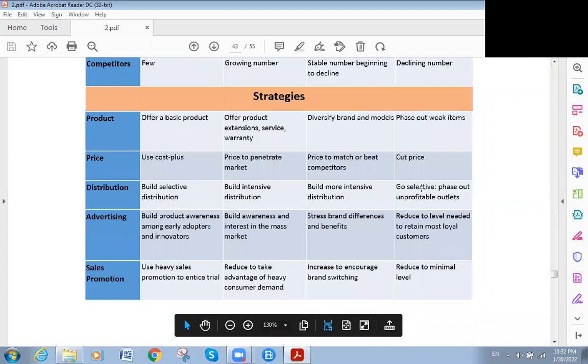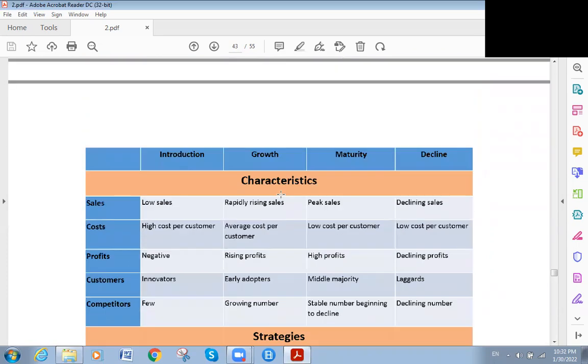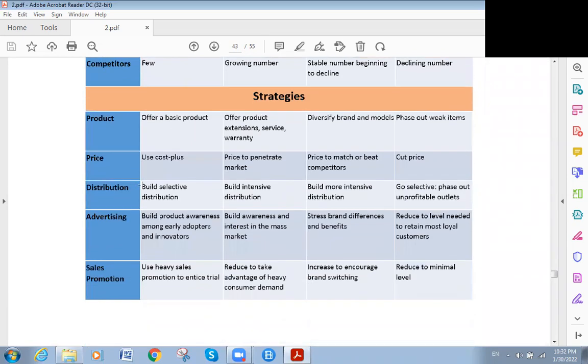What about the strategies which we use in each stage or phase of these phases? Like you see here, in the first stage, in the introduction, offer a basic price and use cost plus. As an example, the cost is $10 plus I also want $1 for profit, then the price will be 11.